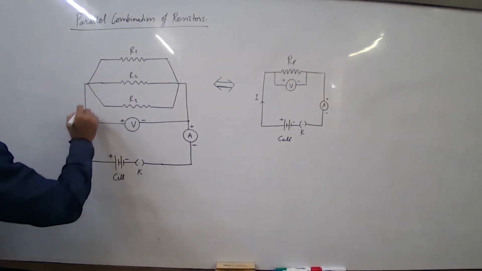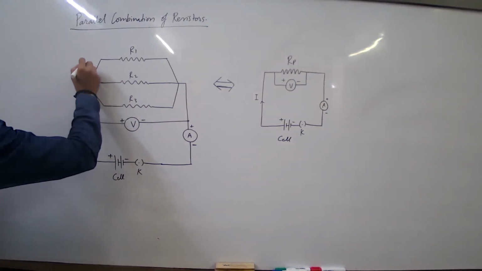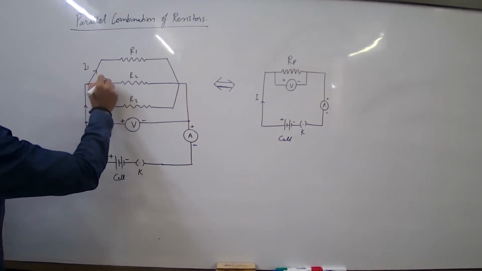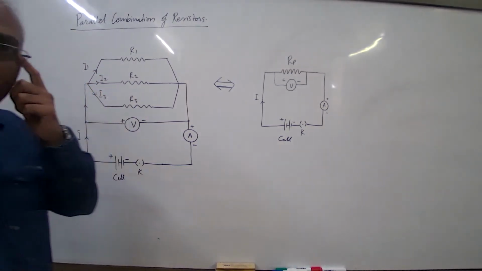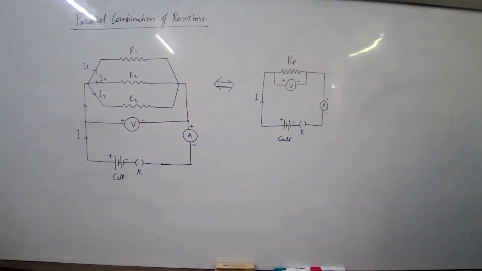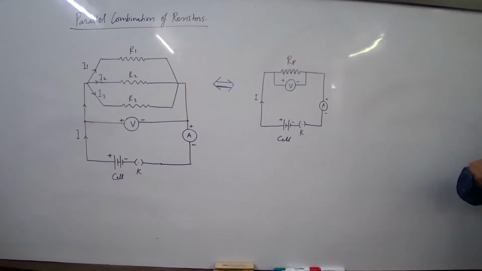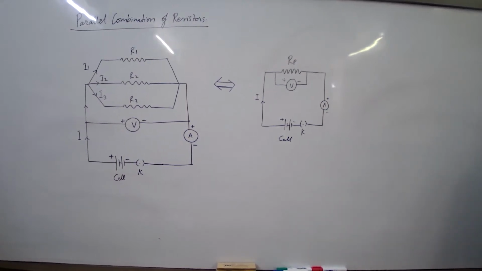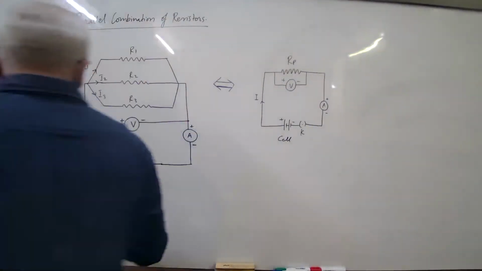Current is not the same, current is divided: I1, I2 and I3. In series, current was same, potential was distributed. In parallel, potential difference is same, current is distributed. This is the main difference.